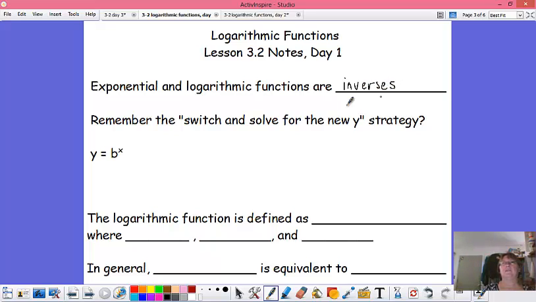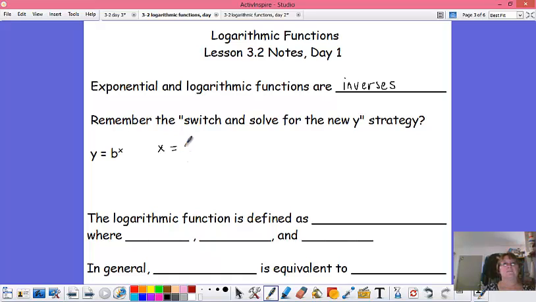You'll recall when we talked about inverses before that you switch x and y and solve for the new y. I'd like us to see how that plays out in this particular case. We start with the exponential function y equals b to the x.